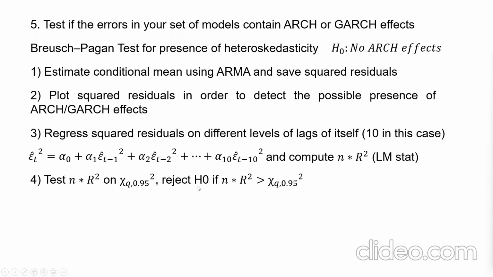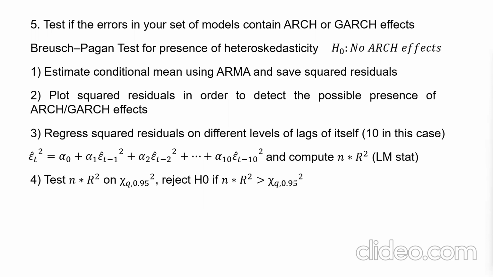And we are going to test the null hypothesis one by one, and we will expect that if ARCH or GARCH effects are not present, then we will fail to reject in all the 10 lags.